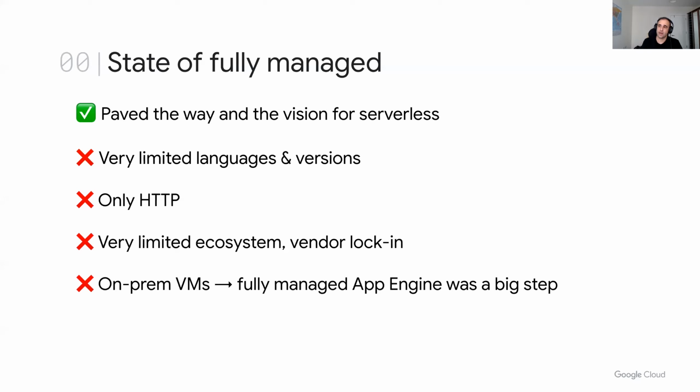So when you have people running code on-prem virtual machines, and you tell those people, forget about all of that, move your code to this new way, and just let us run everything fully managed in our App Engine, that was a big step for a lot of companies, because people make investments, they have infrastructure, they have tools and processes around what they have, so they can't just leave everything and go with this fully managed way in a big step. There was nothing in the middle that helped people to go step by step, right?